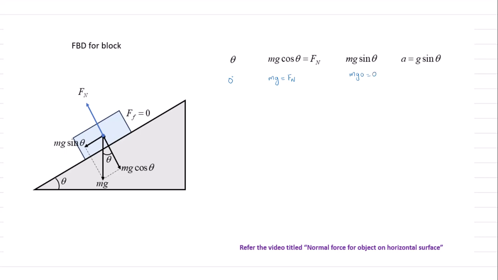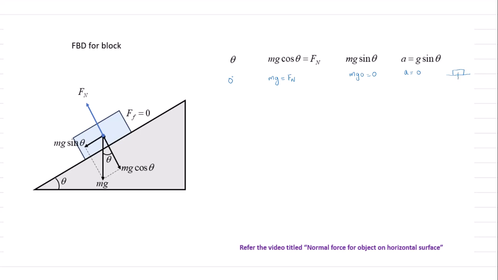And how about the acceleration therefore? The acceleration will be equal to g sine theta. That will be 0, which is an observation matching with the case that the block was on a horizontal surface. There will be only two forces acting in this case.